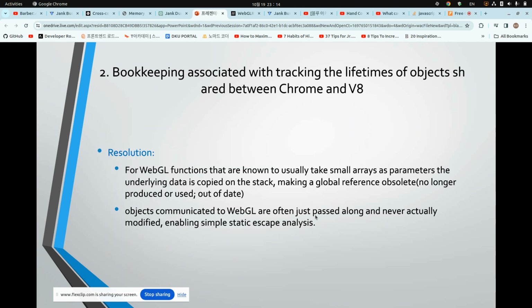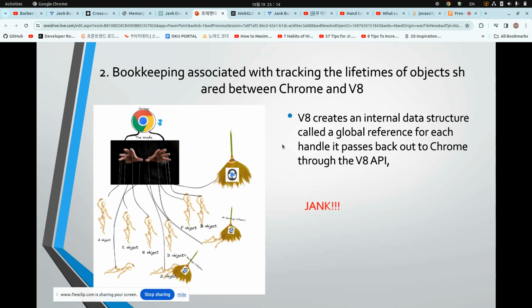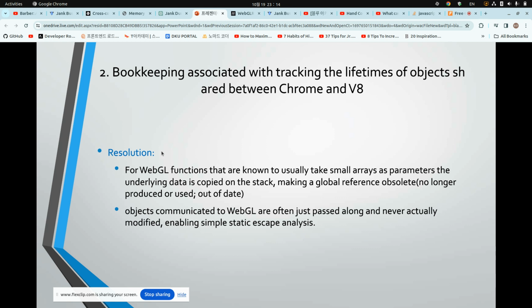For WebGL, it creates a lot of objects, right? So it could cause jank. The resolution for that problem is that WebGL functions usually use small arrays as parameters, and the underlying data is copied onto the stack. That makes the global reference no longer track it, so you don't have to find the tracking stuff.